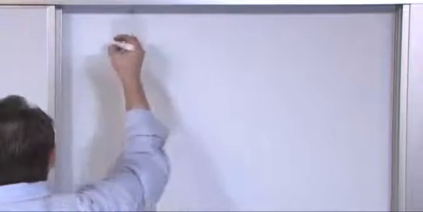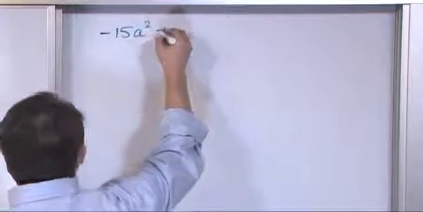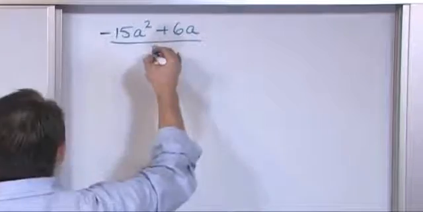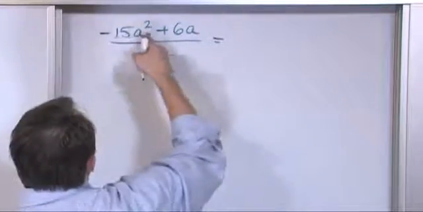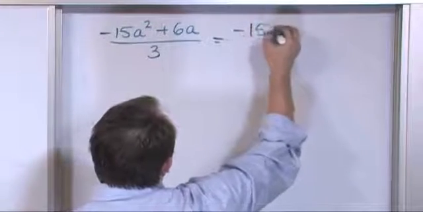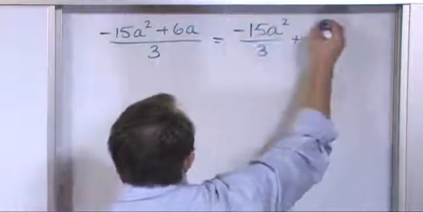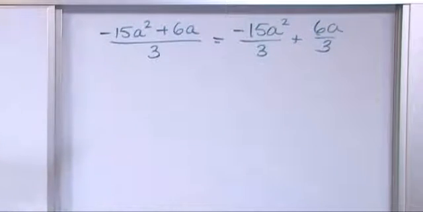All right, moving on along. Let's work a little bit longer problem, not too much longer. What if I have negative 15a squared plus 6a over 3. And so I split this guy up, and I say, okay, I have negative 15a squared over 3 plus this guy, 6a over 3. I'm just doing the same thing over and over again.